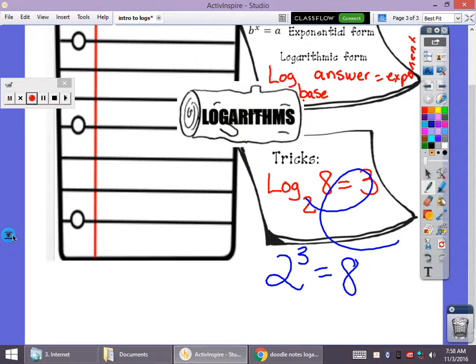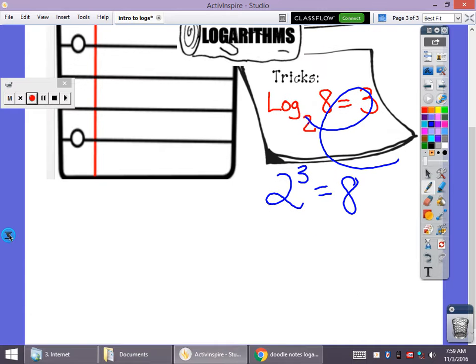All right, now this is in what type of form? Exponential. And we're going to put it in logarithmic form. And logarithmic begins with an L. So I'm going to do an L trick. This one's not as cute, sorry.